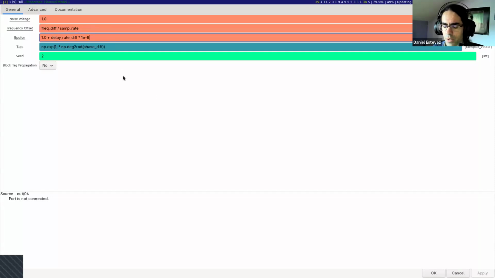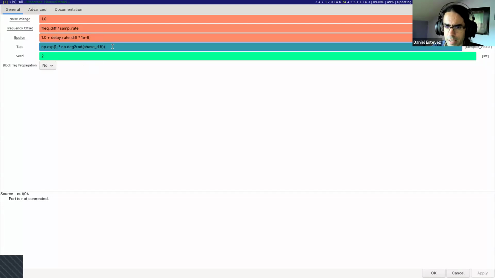Then epsilon, as I explained, the easiest way to think about it is that it is 1 plus the delay rate in units of parts per 1. And because I have the delay rate set in units of parts per million, I need to scale it down to parts per 1. And to do that, I multiply by 10 to the power minus 6.